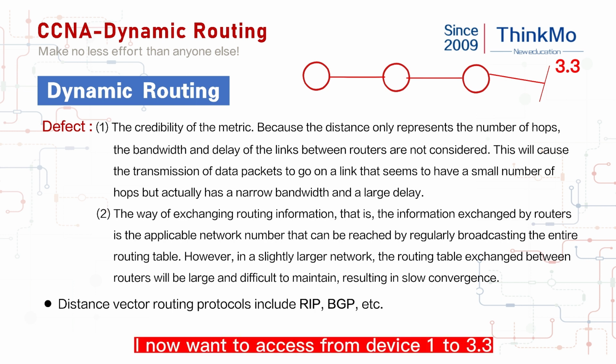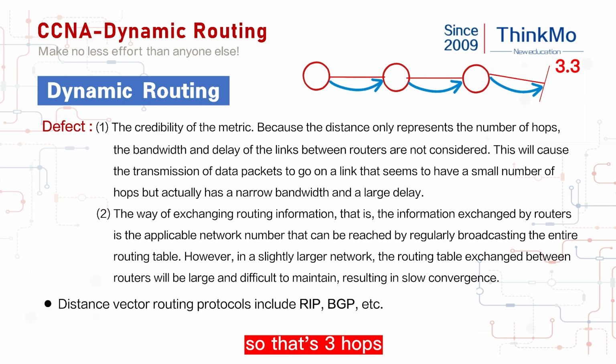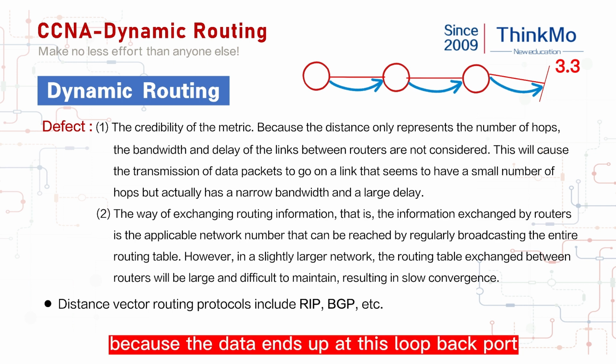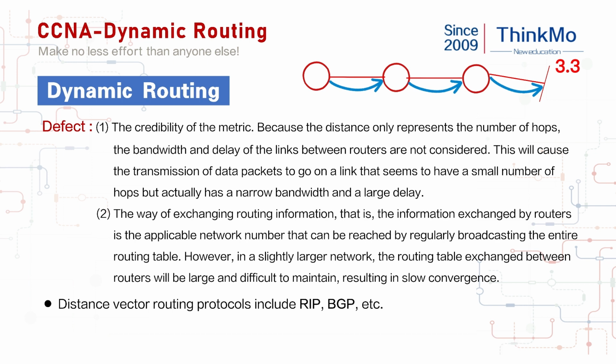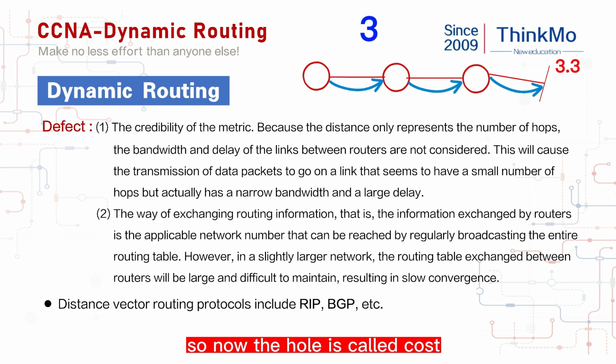I now want to access 3.3 from device 1. That's 3 hops, because the data ends up at this loopback port, which is also a hop. It considers 3 hops; this is called cost, or metric. Going to 3.3 is 3 hops.